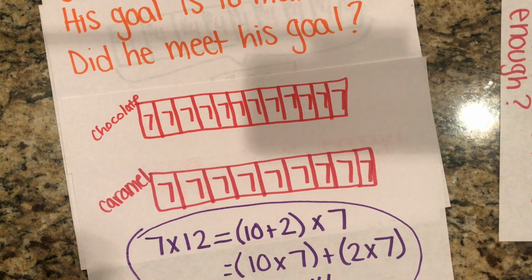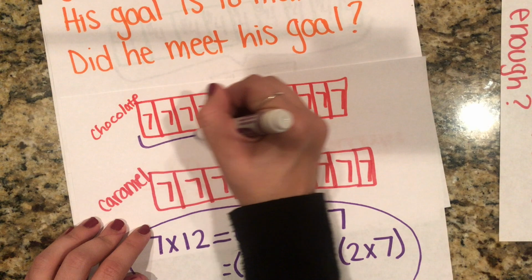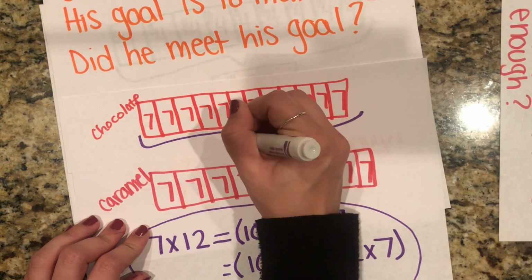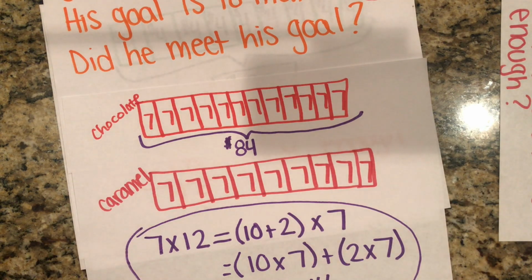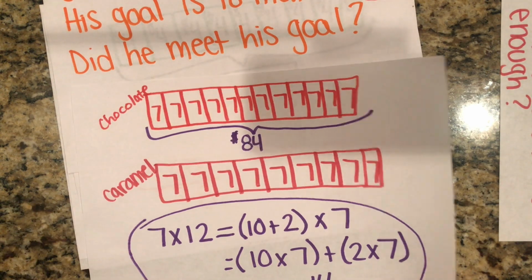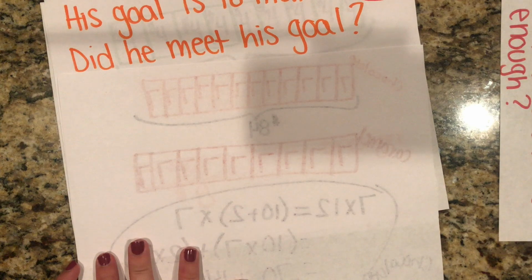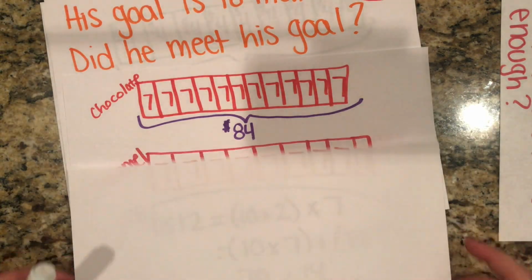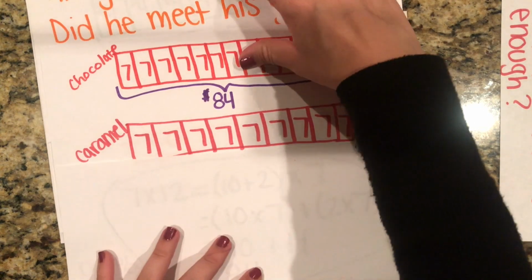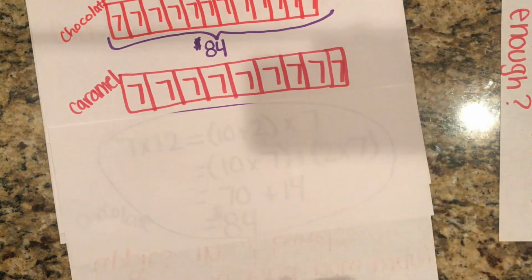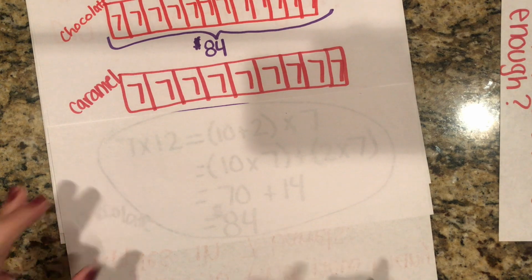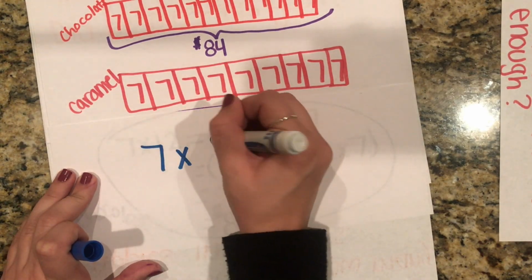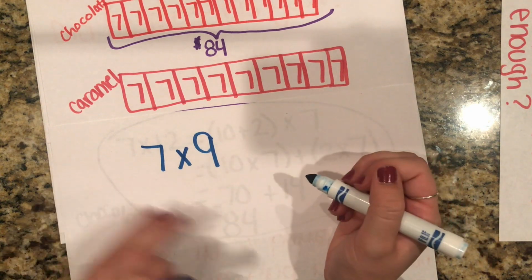Okay. So now I need to solve for how much he made with caramel, because that's not enough to meet his goal yet. So in order to solve for caramel, I'm going to do something similar, except instead of breaking it down, because it's 7 times 9, I have 9 groups of 7, so I can do 9 times 7 or 7 times 9.